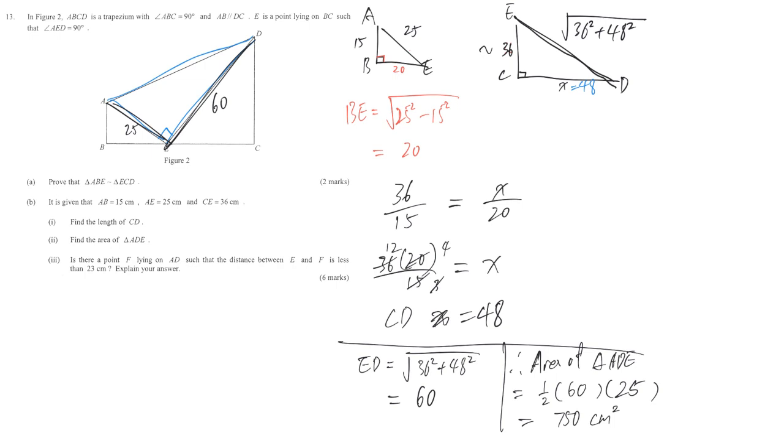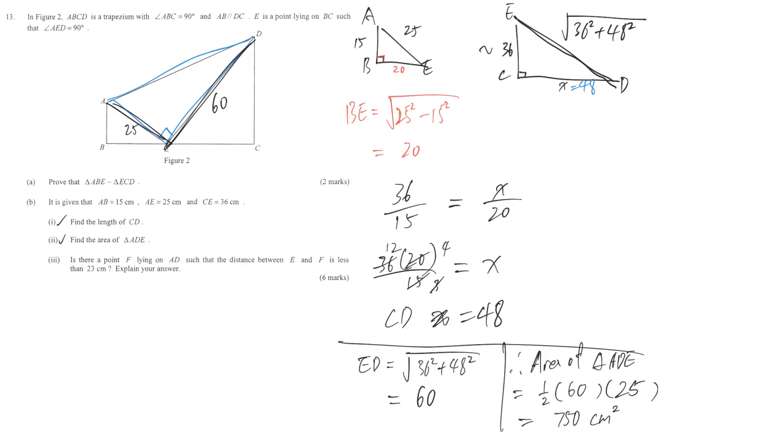So we finished this one, and then part 3. A point F lying on AD such that the distance EF is less than 23. So is it possible to find a point on AD such that the distance between that point and this point E is less than 23?